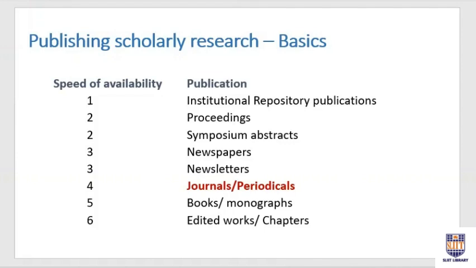Then I'm going to the next level, books and monographs. It is, of course, not easy to publish books. Anybody can write books or monographs, but when you attempt to write a book or a monograph, you are touching the whole scope of that subject area. You can't just write something as you would for a presentation, a proceeding, a newsletter or a newspaper. You have to take a wholesome approach when you are compiling or writing a book on your own.